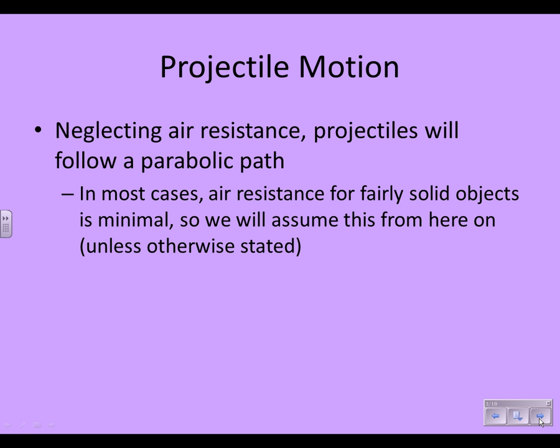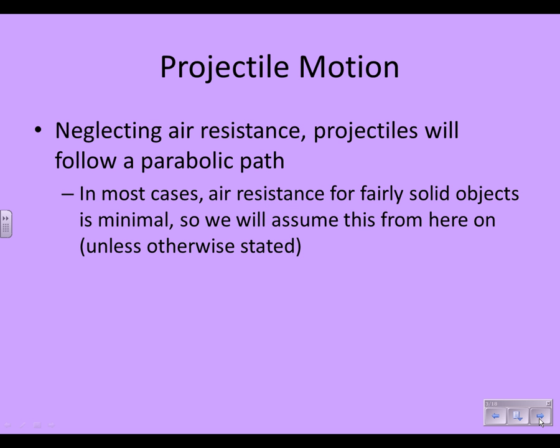If we can get rid of air resistance, like it says, that projectile is going to follow a nice parabolic path. But if you've watched the motion of an object that is moving through the air under the influence of gravity in two dimensions, it doesn't always follow that nice parabolic path.